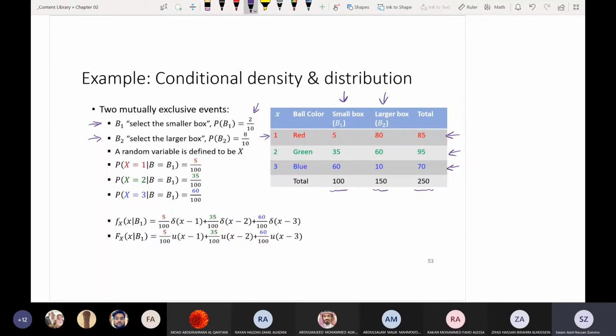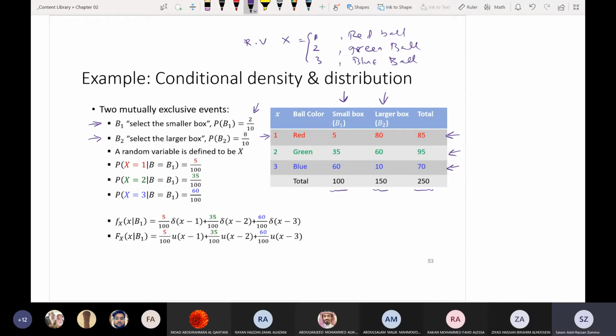Now I can define the random variable X, defined as 1 if I select a red ball, 2 if I select a green ball, and 3 if I select a blue ball.